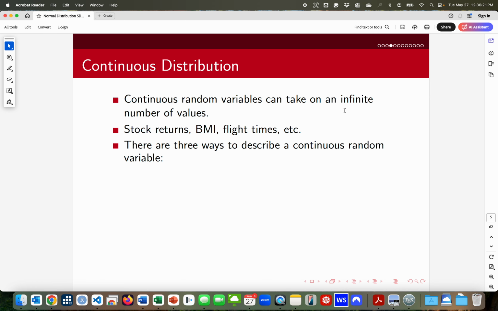And there are 3 different ways we can describe a continuous random variable. With a discrete random variable, we can plot it, and it's pretty easy just to look at the distribution if it's discrete. If it's continuous, there are a couple things we can do. A frequency table, which I was showing you earlier in Excel.